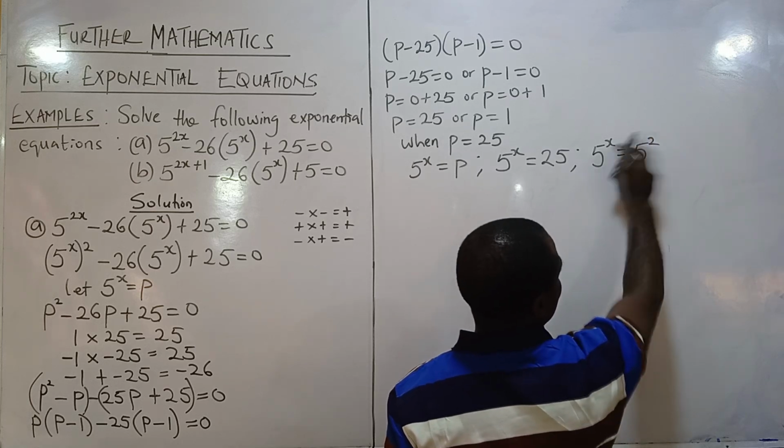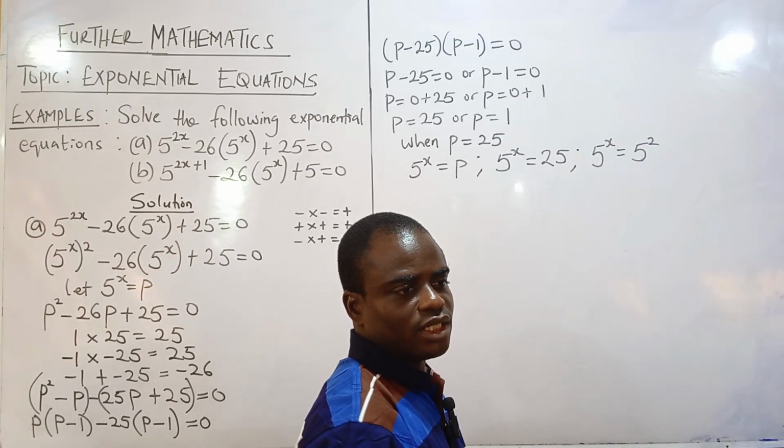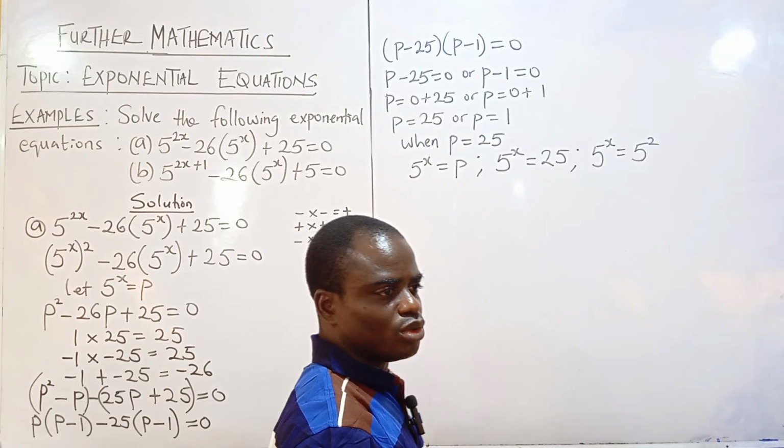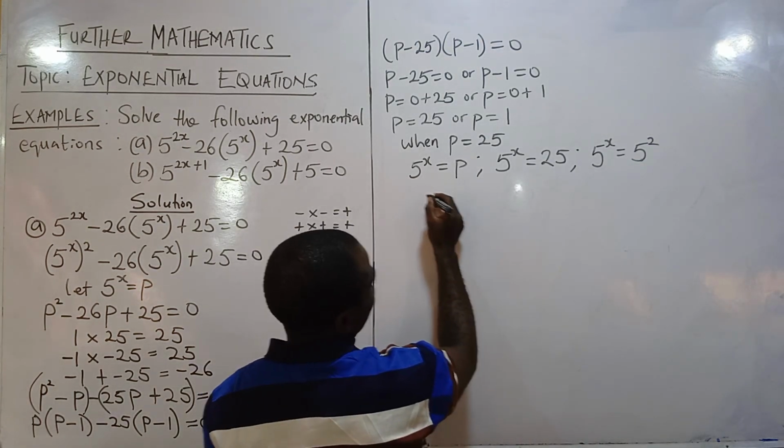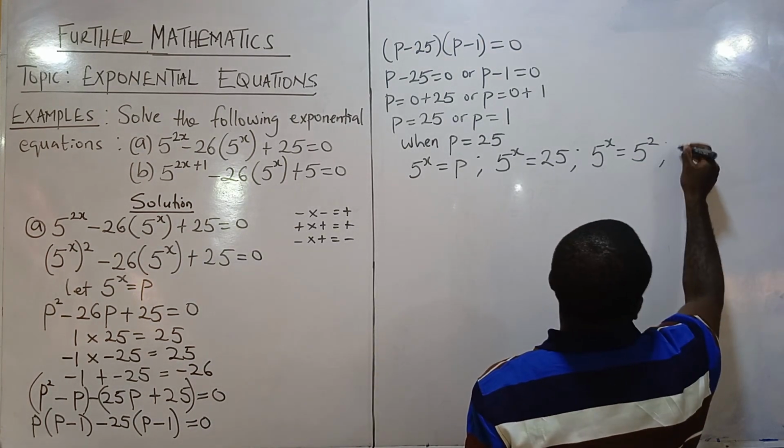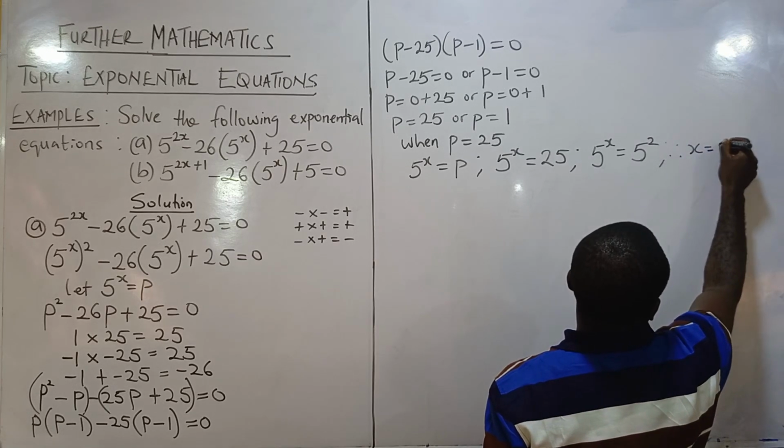Since the bases are the same, you equate the index or the power. That's the rule. Therefore, our x equals 2.